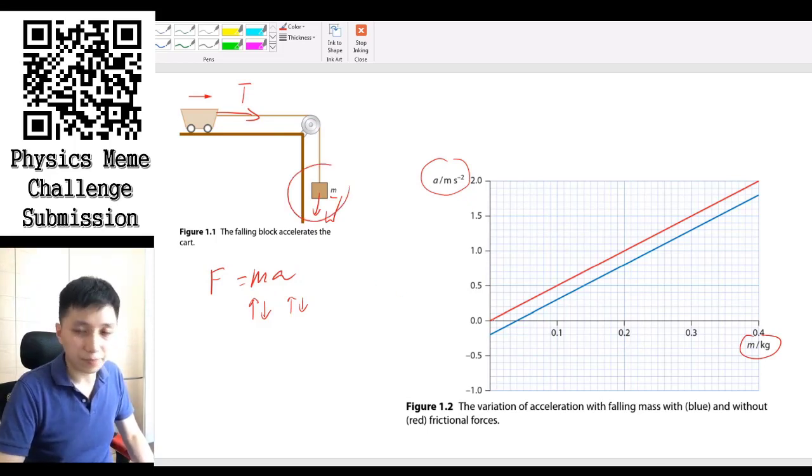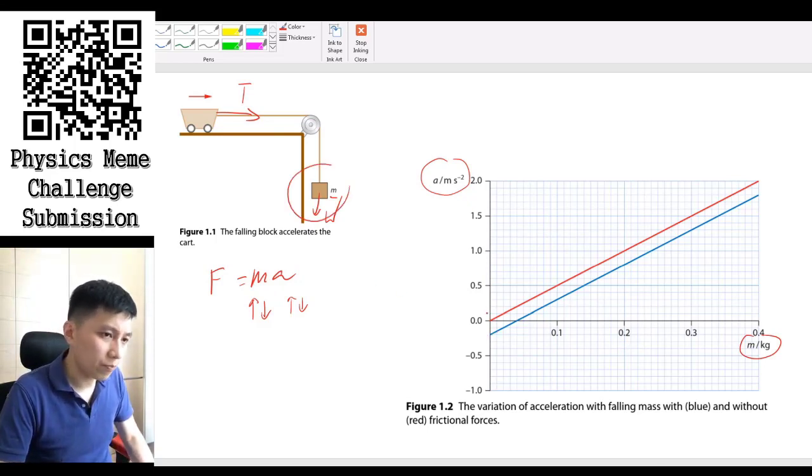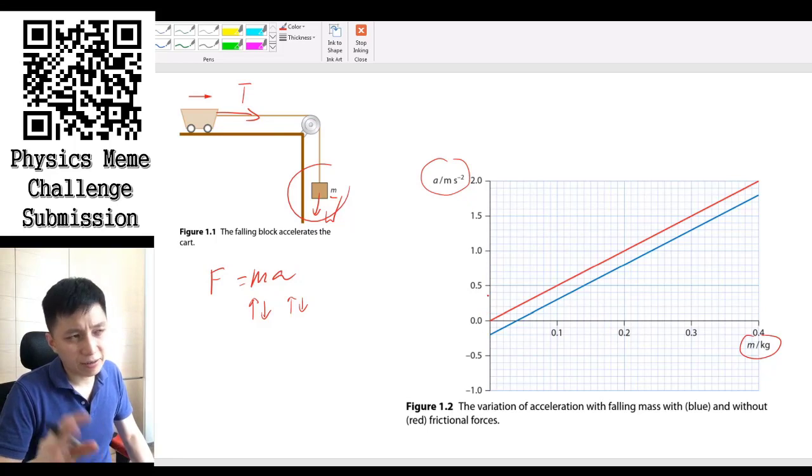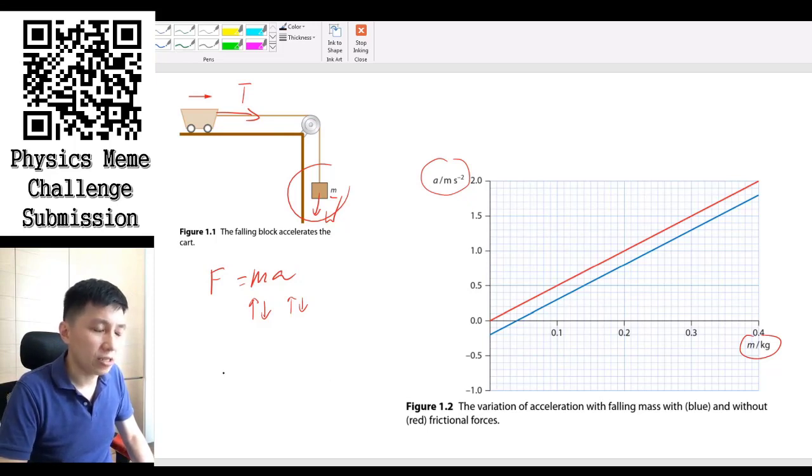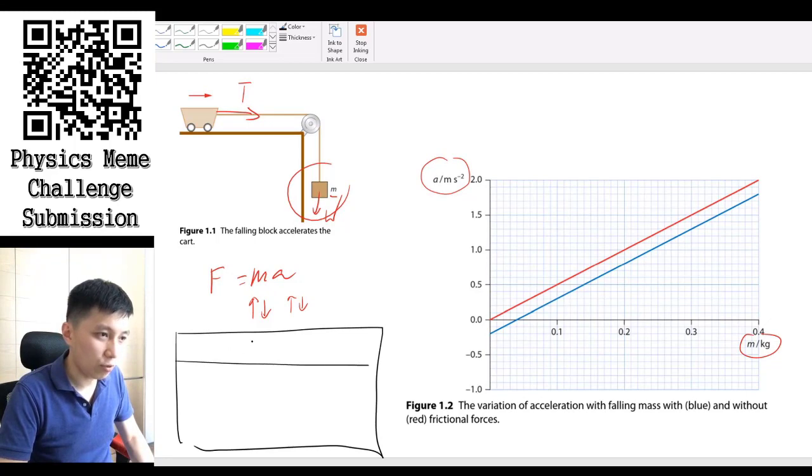The first time I read this, I felt kind of confused because, why are there two lines? What you can imagine is the student, like in your usual experiment, will have collected different variables, including the independent variable, which is m, and the dependent variable, which is a.